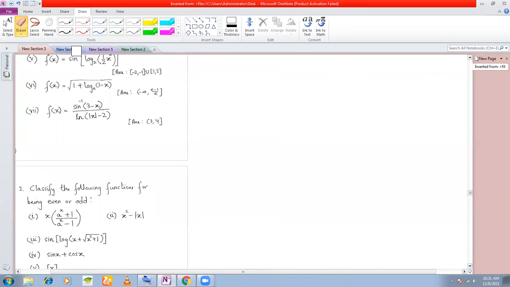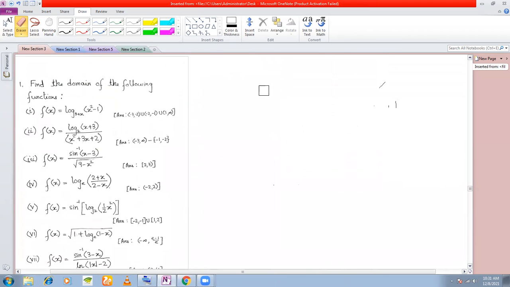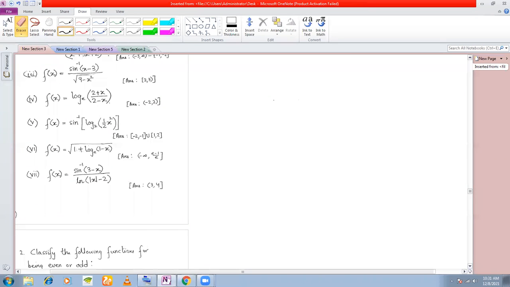The next one, number 6. Given here, f(x) is equal to square root of 1 plus log of 1 minus x to the base e.